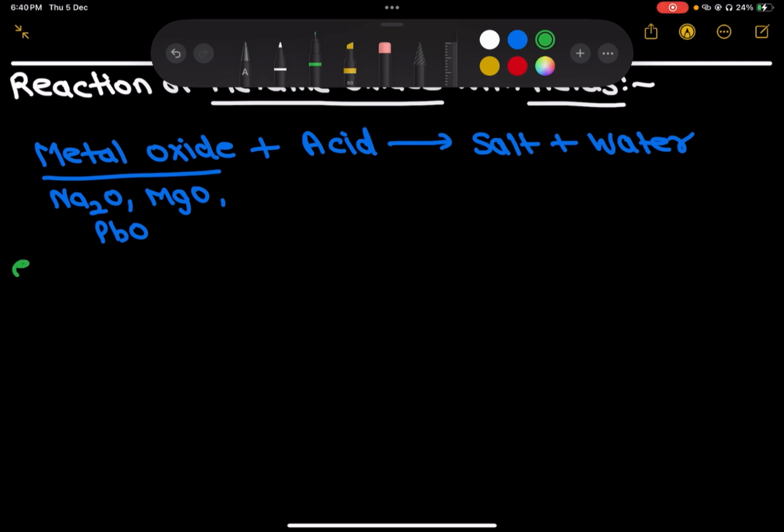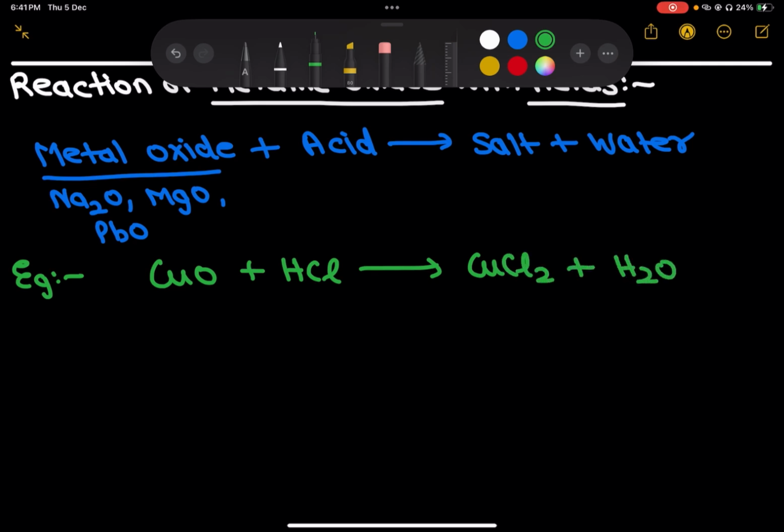Okay, so the first example we'll see is CuO, so metal oxide CuO plus acid HCl, correct? When both are reacted, it gives CuCl2 plus H2O. CuO is copper oxide, right? A metal oxide, obviously.